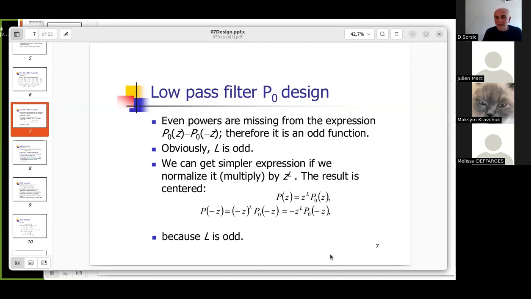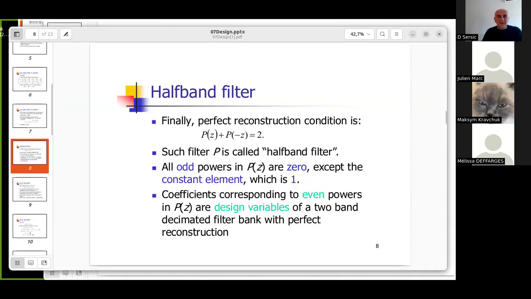Now you will easily notice that odd terms are arbitrary and even parts disappear when they cancel each other. So this is how it looks. Now our perfect reconstruction condition looks like this. Notice that we have no 0 in the index to make a difference.